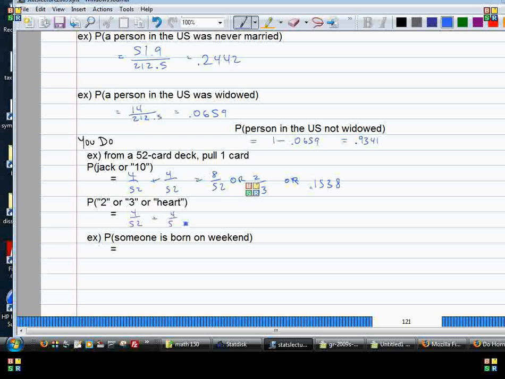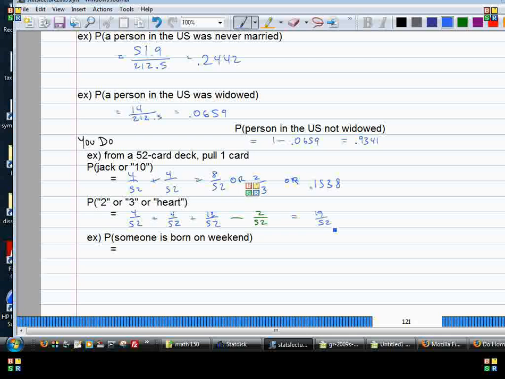How many 3's? 4, so it's 4 out of 52. And how many hearts? 13 out of 52. And now I want to do what you were saying. We double counted 2 cards, so minus 2 out of 52. Which 2 cards did we double count? The 3 of hearts and the 2 of hearts. So you work this all out and you get 19 out of 52.